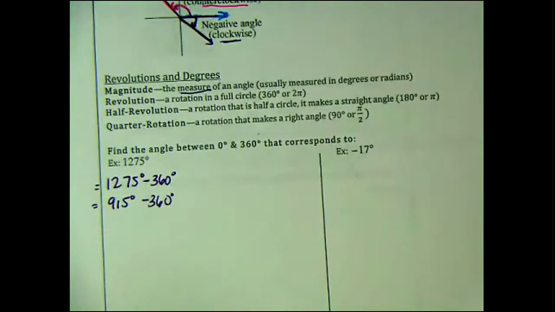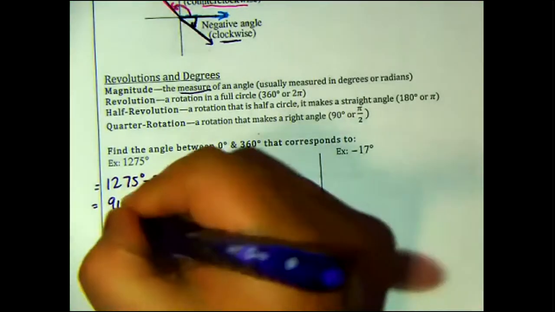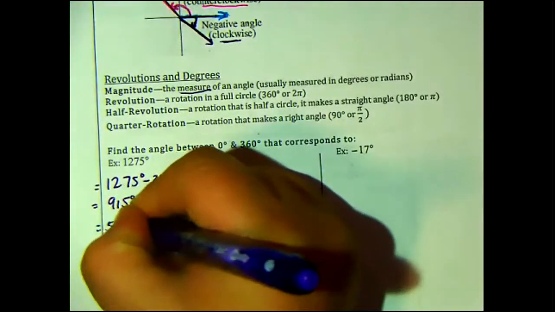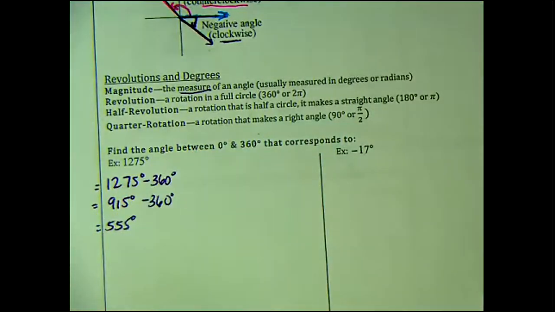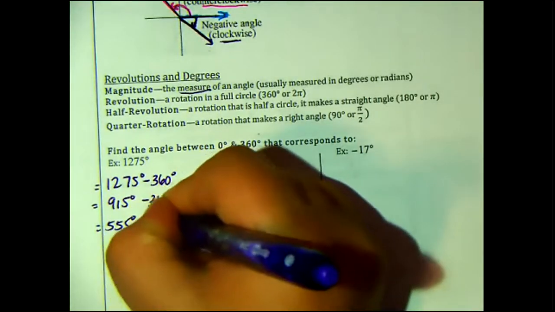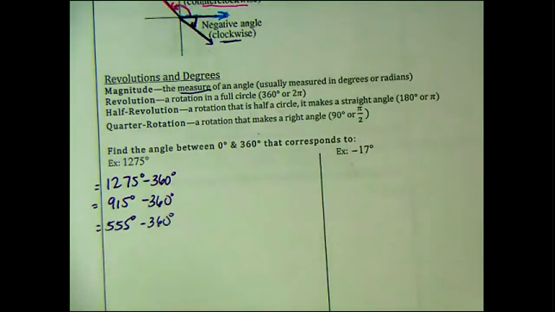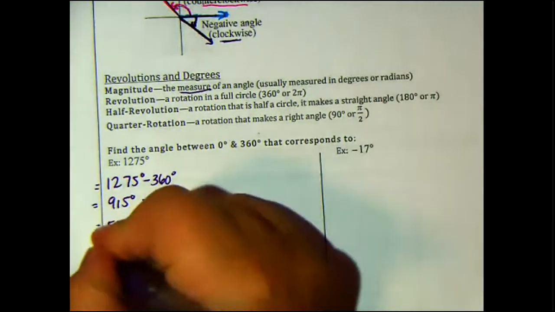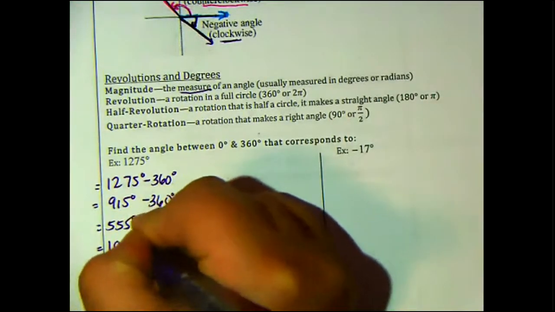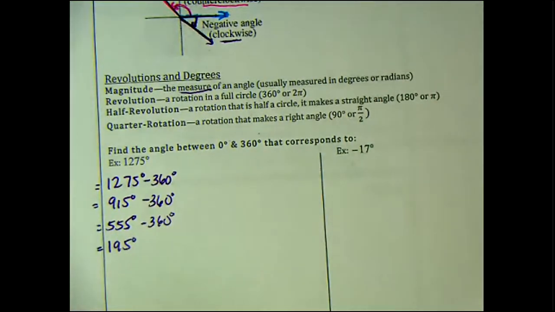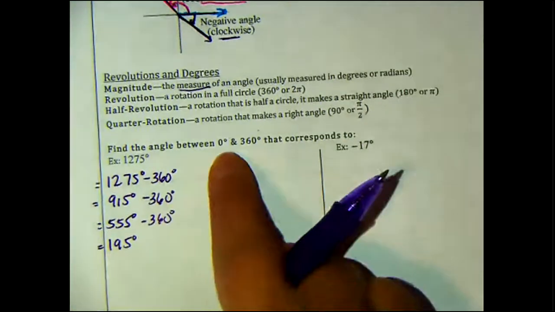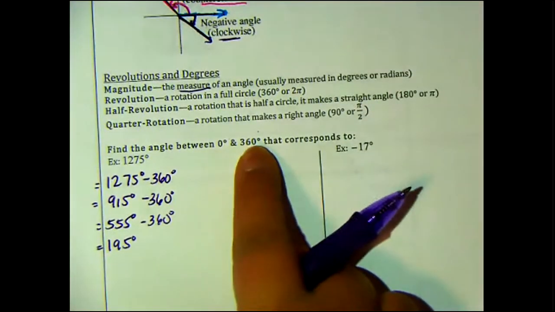So there goes another 360, and that leaves me with 555 degrees. And then I'm going to subtract another 360 because that's still greater than 360. And that now leaves me with 195 degrees. Okay, so 195 degrees is between 0 degrees and 360 degrees.